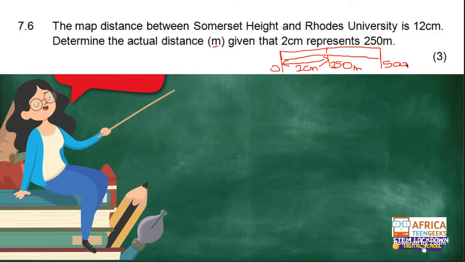So the question is, if the distance on the map is 12 centimeters and you're given that 2 centimeters represents 250 meters, what is the actual distance in meters? 3 marks. So I'm giving you guys a bit more time for this one as well. Few more minutes, maybe 2 minutes.